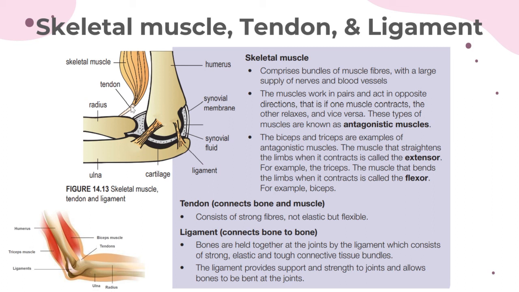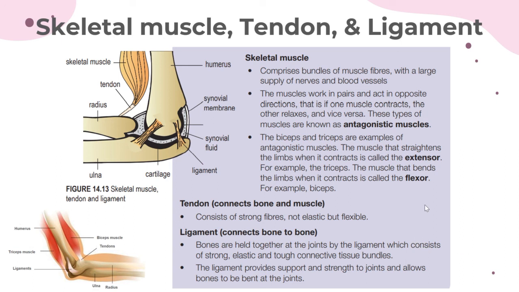If the tendon is not elastic, the ligament is elastic, so it is stretchable, and tough. The ligament provides support and strength to the joint and allows bones to be bent at the joint.